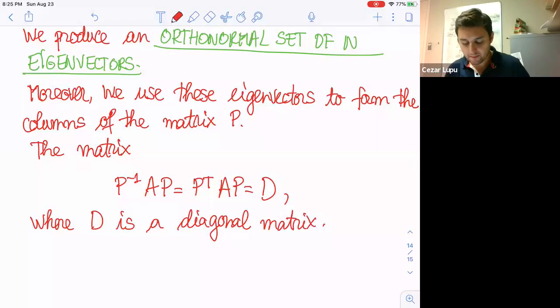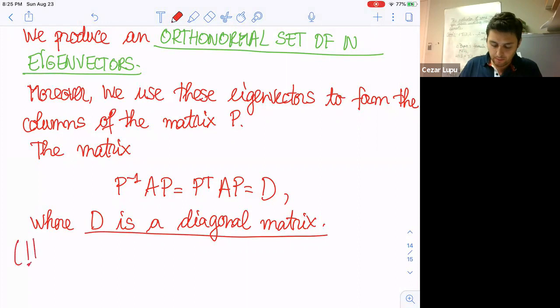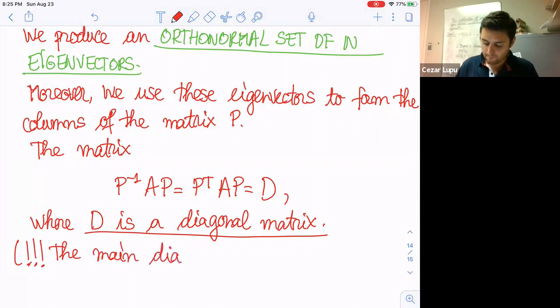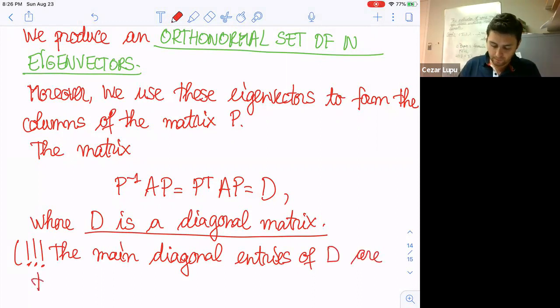And guess what? The main diagonal entries of D are, guess what? The eigenvalues of A.